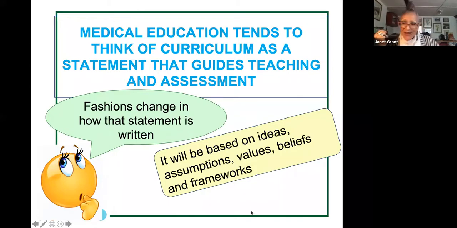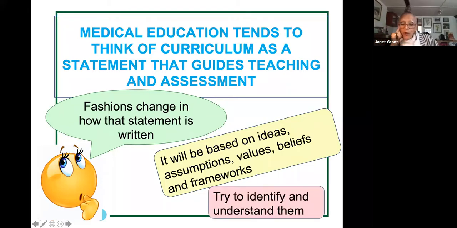So read some developmental psychology. So these ideas are socially constructed. They're not evidence-based, which means that you can accept them or not. But what you must do is try to identify and understand them, because they are not evidence-based.